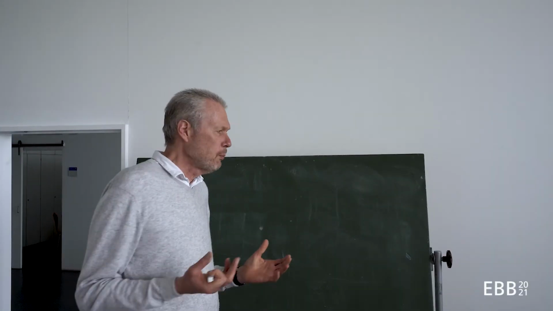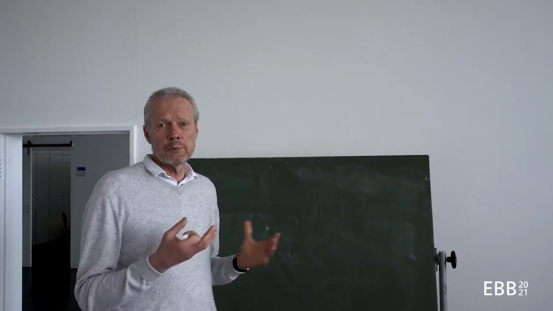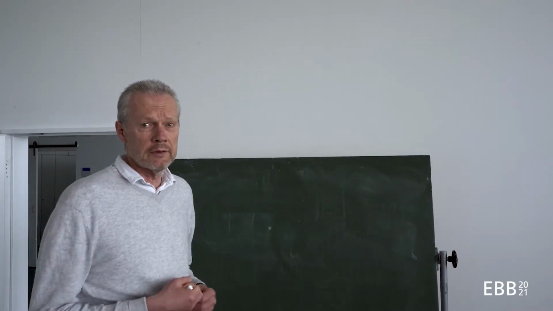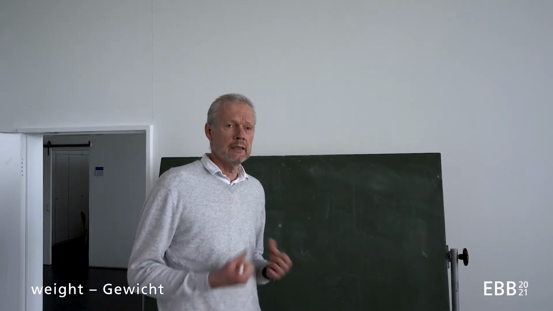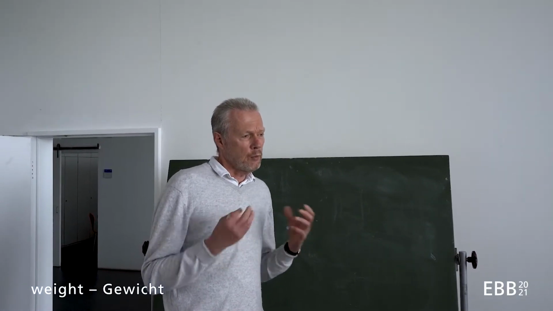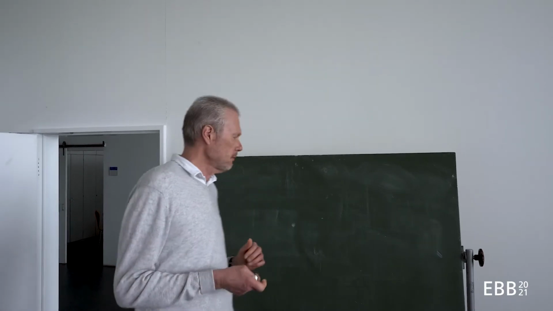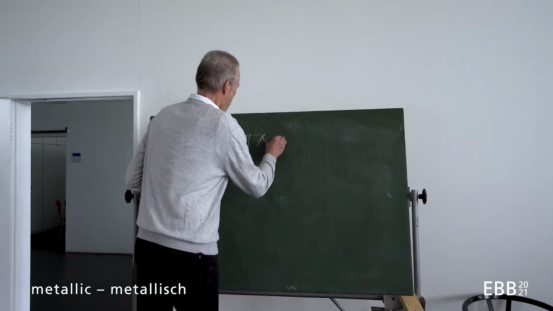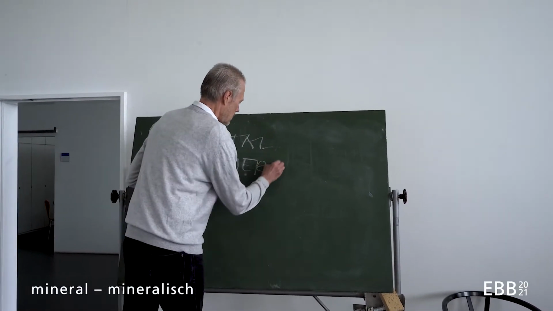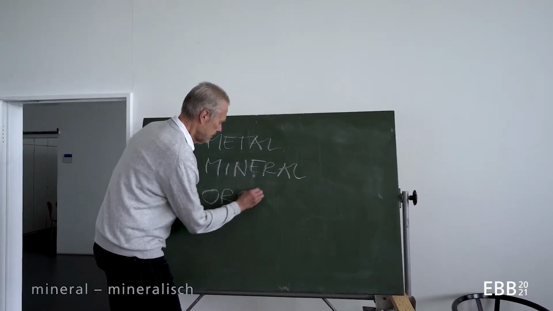If you want to know more about the material properties of the different families, then you will have to look at their weight. We have three families. One would be metallic, one would be mineral, and the third would be organic.